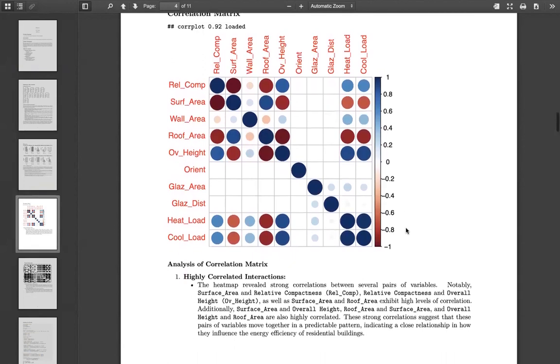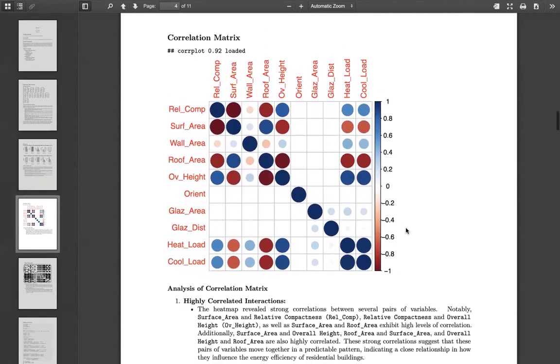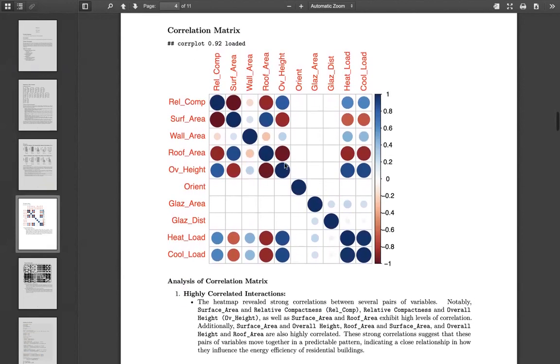This was an interesting one. This was my correlation matrix. I decided to do a circle plot, and I picked up on a couple of interactions which were just noted. I didn't really find a way to use this information meaningfully in my analysis, but you can see here surface area and relative compactness clearly have some strong negative correlation.